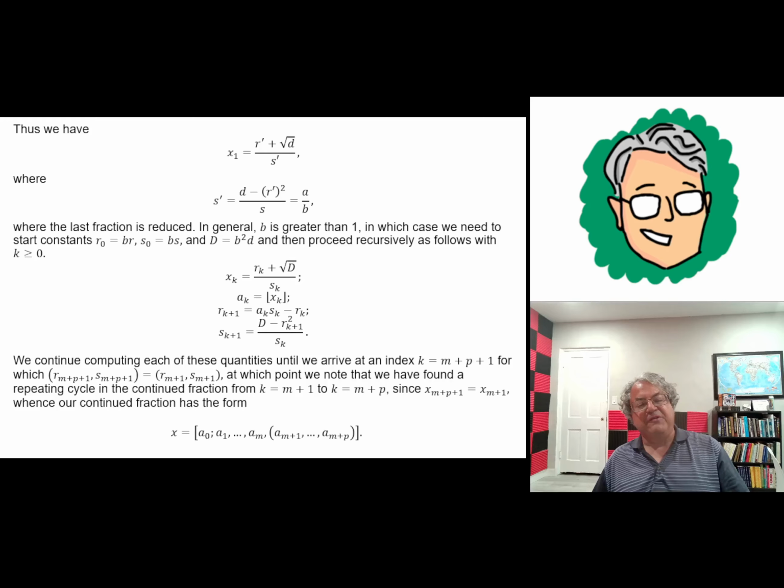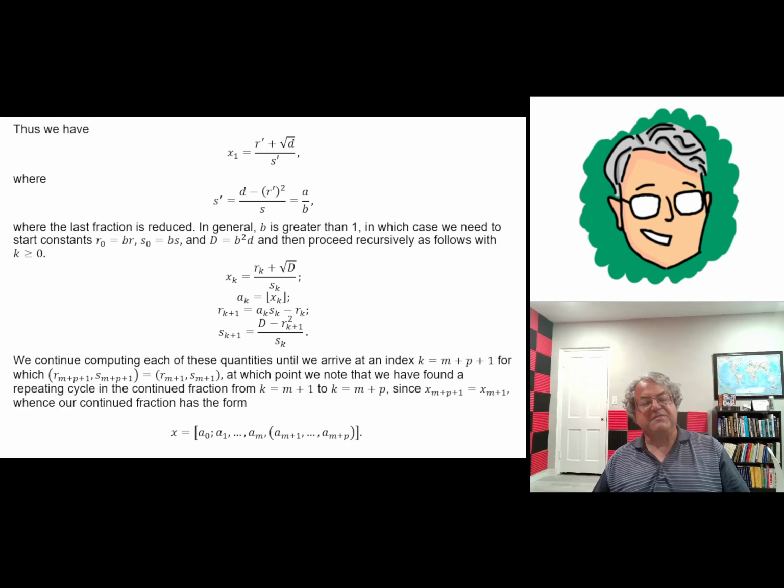And so now our initial problem is we're computing the continued fraction of r0 plus square root of capital D over s0. And now we're in good shape, because we can apply a recursive procedure here to compute the continued fraction coefficients a sub k. Also, we can update our r's and our s, r sub k plus 1.